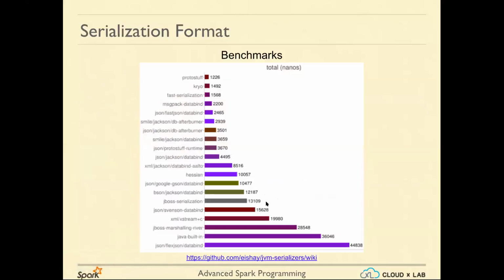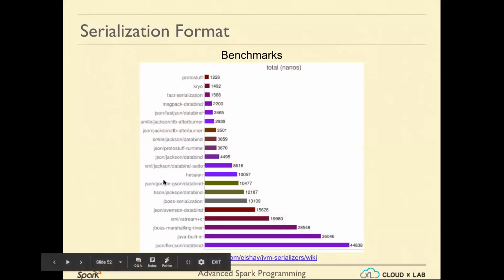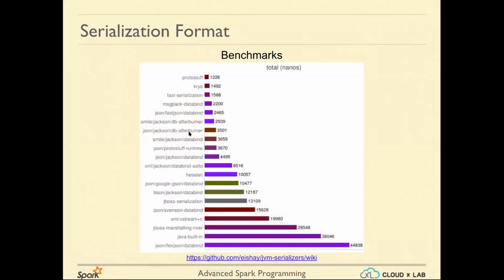There are many serializers available to us, and out of these, Protocol Buffers comes at the top, then Kryo, and then the remaining. So these are the fastest serializers available to us.